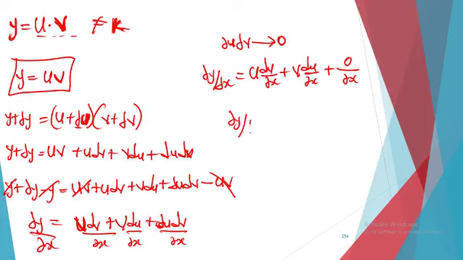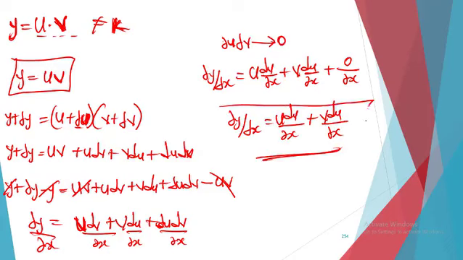So our dy over dx is equal to u dv over dx plus v du over dx, and that's the answer. Then this formula is what we call the product rule.